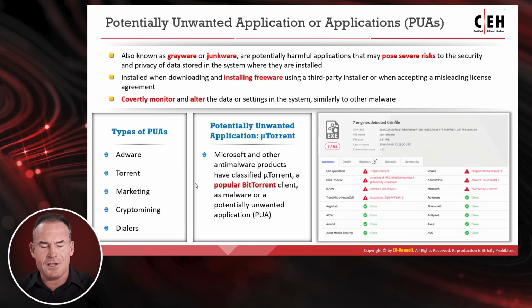All right, a potentially unwanted application or applications. These are sometimes referred to as grayware or junkware. When you download a file from, say, a third-party download site, you don't pay attention while you go through the download and accept the license agreement. And then before you know it, your home page has changed. You got browser extensions, you got weird pop-up ads.